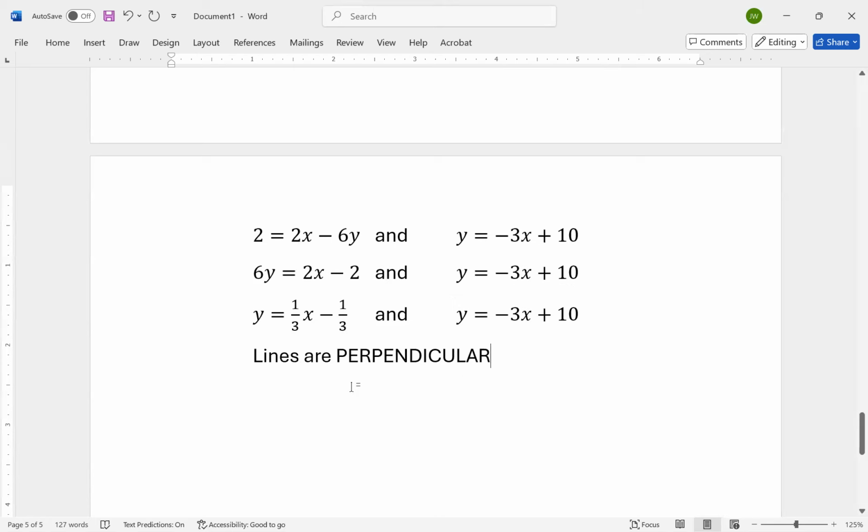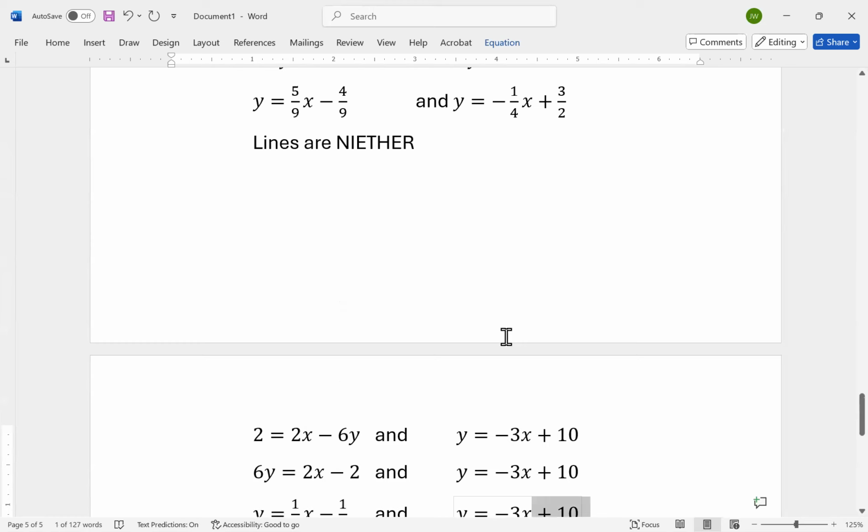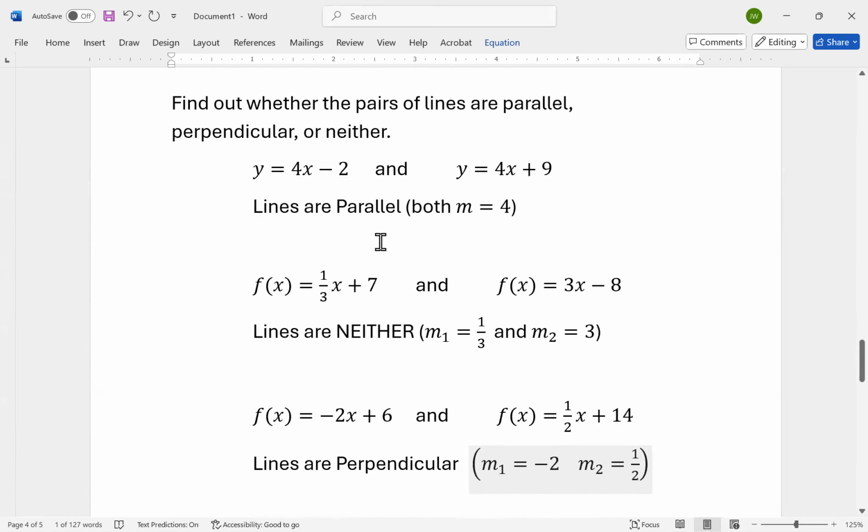Notice that in order to determine perpendicular versus parallel versus neither, I really don't care what these values of b are. The only thing I'm focusing on is the slopes. If the slopes are the same, like we had up here, then the lines are parallel.